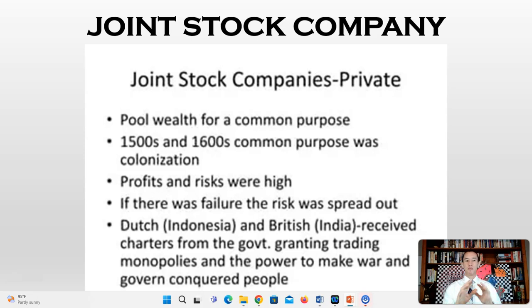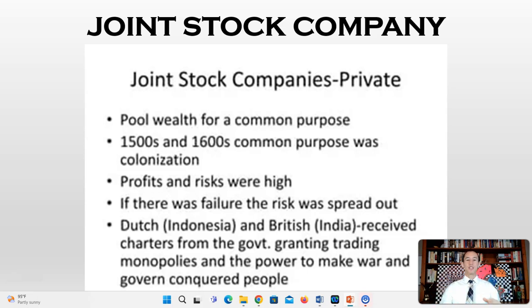If the venture fails, that means everyone loses less, but if it succeeds, that means everyone gets paid out more. That is essentially how the stock market works. If a company is on the stock market and you buy a stock, you're basically pooling your wealth for that company. So that way the risk is spread out.